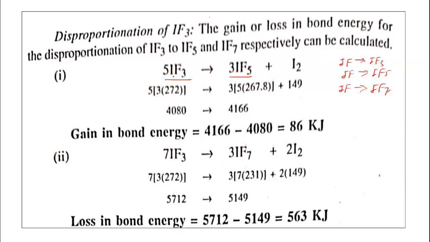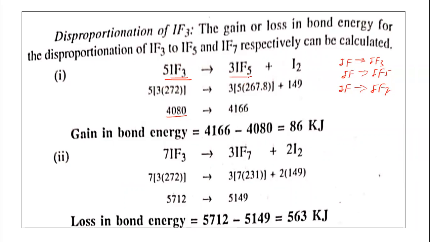So consider here IF3 means 3 IF bonds are there. So 3 multiplied by 272. The bond energy is 272 here and 5 molecules are there. So 5. This calculation is 4080. Now 3 IF5 molecules, 5 IF bonds are here. So 5 multiplied by 267.8.